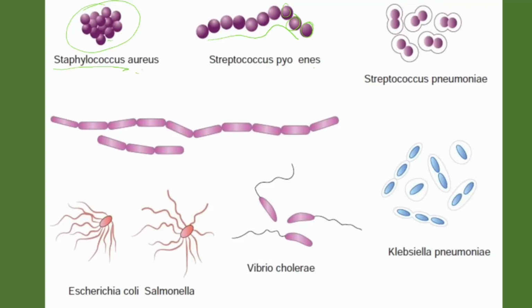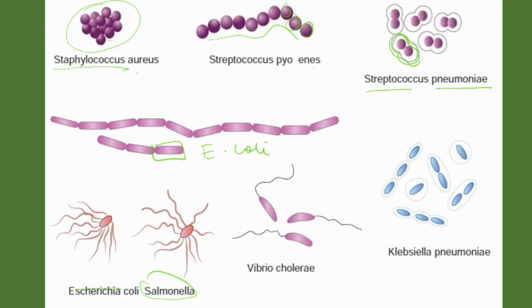That is why they are known as Streptococcus pyogenes. And Streptococcus pneumoniae, here you can see they are in pairs of two and they form a wall around them. This is E. coli, the rod shaped E. coli, and they are in the form of chains, and this is the Salmonella.